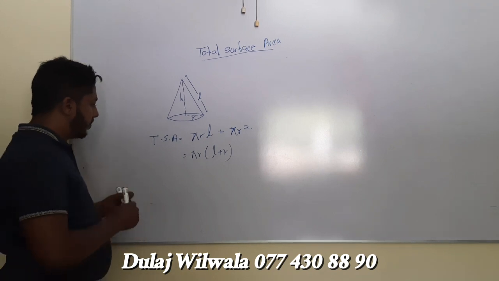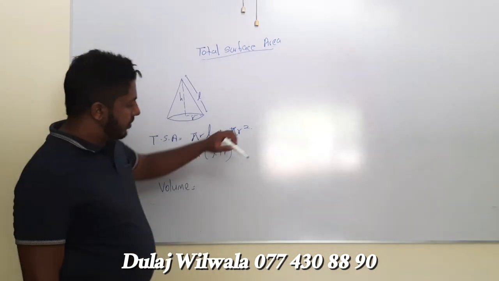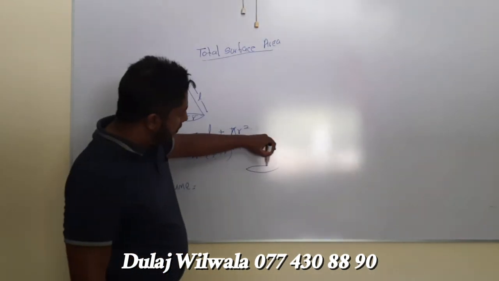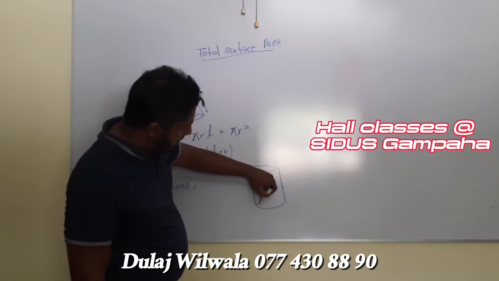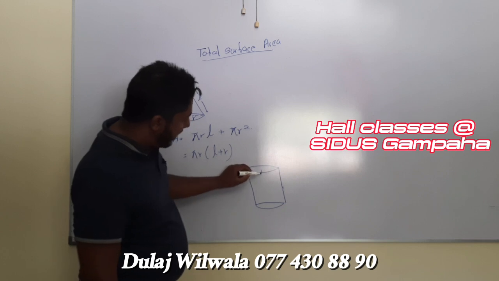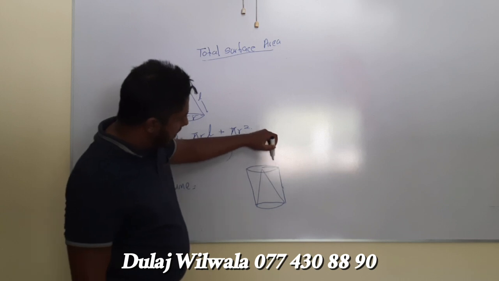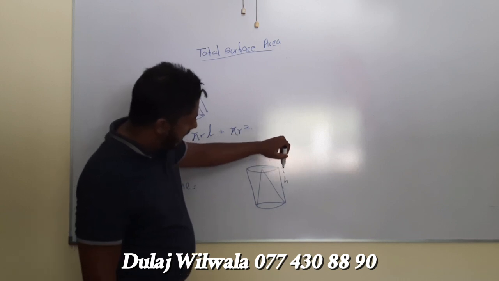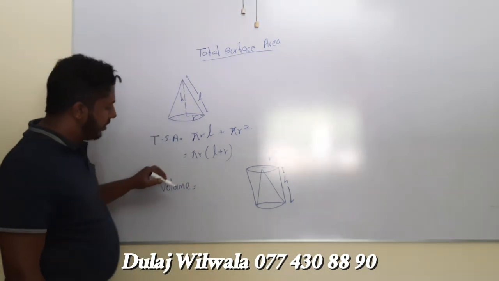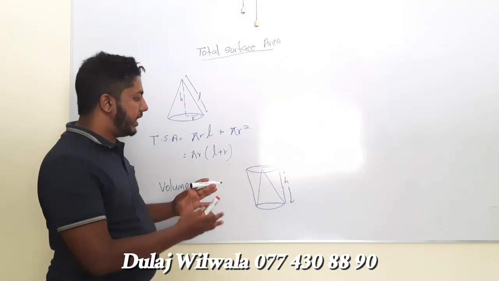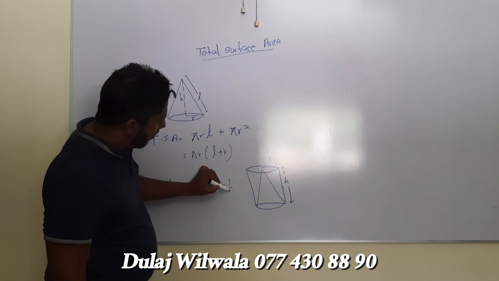And the volume, it says that volume of a cone will be 1/3 the volume of a cylinder with the same parameter, that means the same radius as well as the height. So if there is a cylinder with radius r and height h, then volume of the cone will be, we know that the volume of the cylinder is pi r squared h, 1/3 of that.